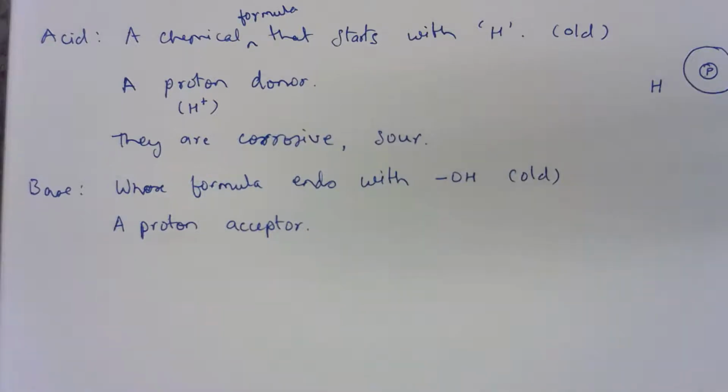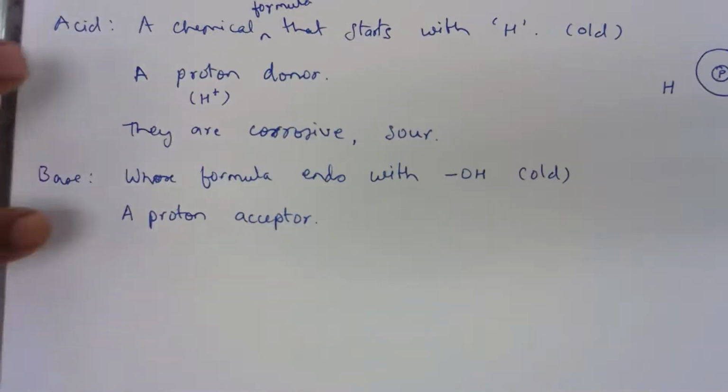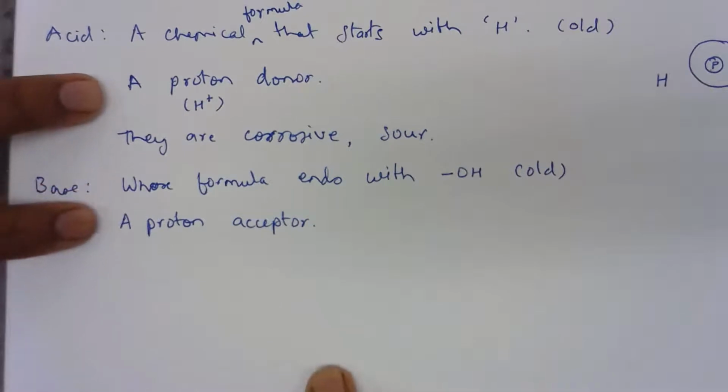Bases are proton acceptors. So with this much information, what do you think will happen if I mix two acids together? Remember these two statements, and now think about what might happen if two acids were mixed together.